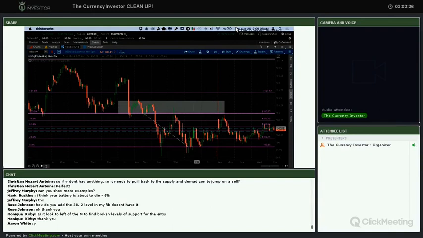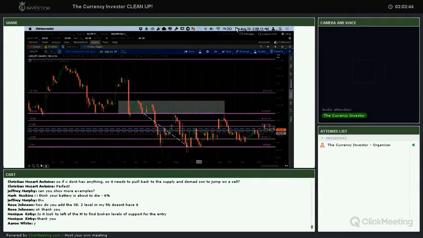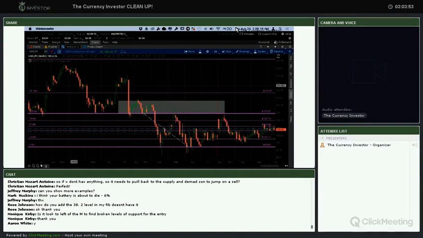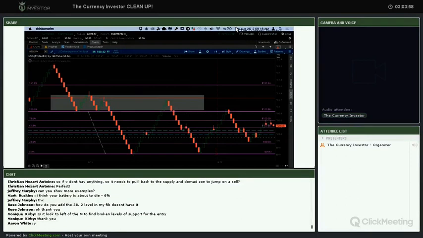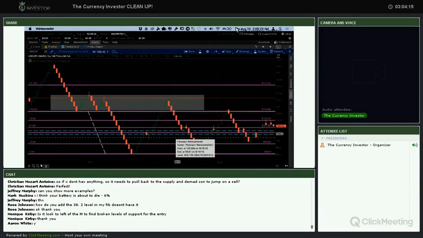Now, if we're looking at all of this stuff that's going on right here, let's go back to the chart. All this stuff is now cleaned up. If we're looking at this, we're saying we got price now seeking a demand of buyers. Once we find a demand of buyers, what has to take place?